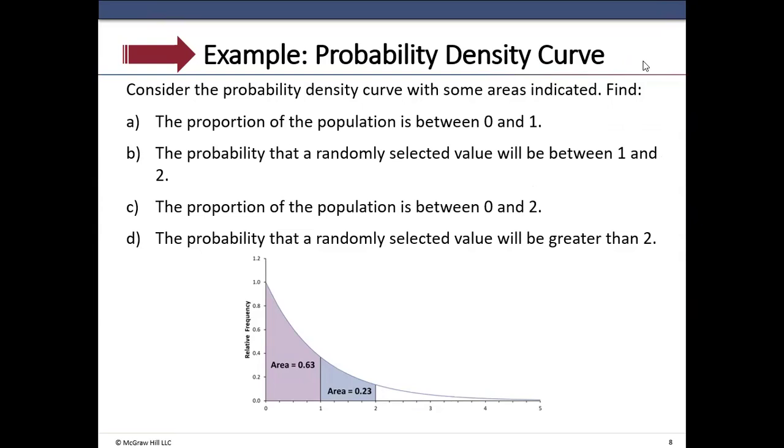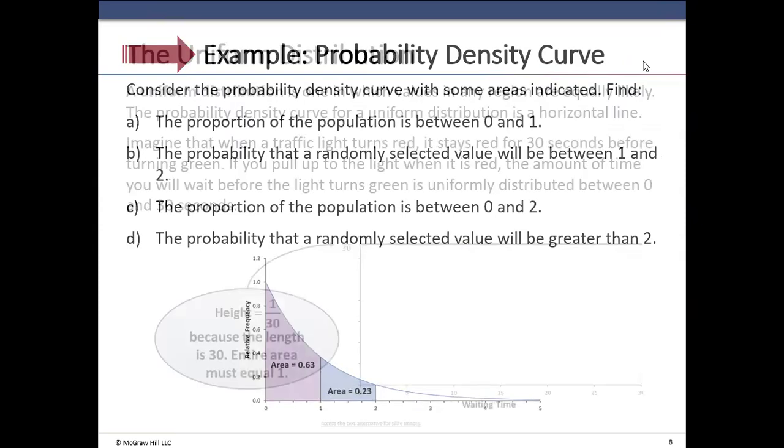So there's a 14% chance that a randomly selected value will be greater than 2. So what did we do? The total area under the curve is always 1 for a probability density curve, out of which the area from 0 to 2 is 0.86. So the area greater than 2 will be 1 minus 0.86, which is 0.14.